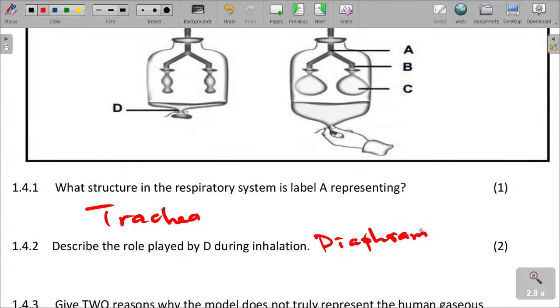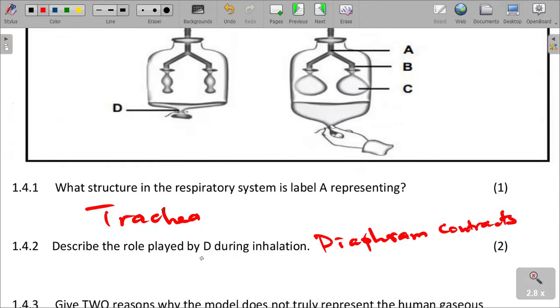It is the diaphragm. It contracts, increasing the volume of the thoracic cavity, and actually decreasing the pressure in the thoracic cavity.